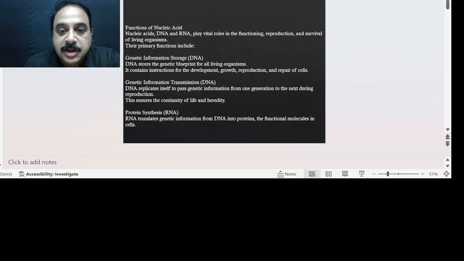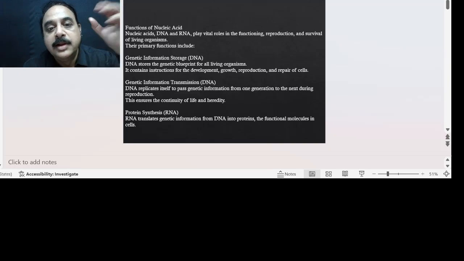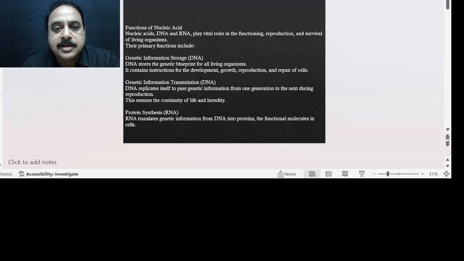DNA stores the genetic information, and it's the blueprint for all living organisms. It contains instructions for the development, growth, reproduction, and repair of cells. For genetic information transmission, DNA replicates itself to pass genetic information from one generation to the next during reproduction, which ensures the continuity of life and heredity.